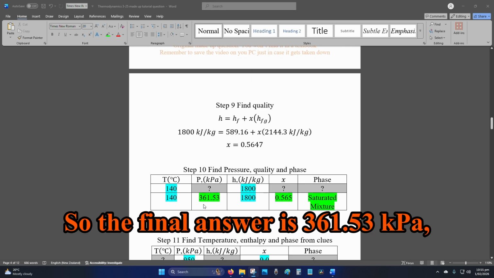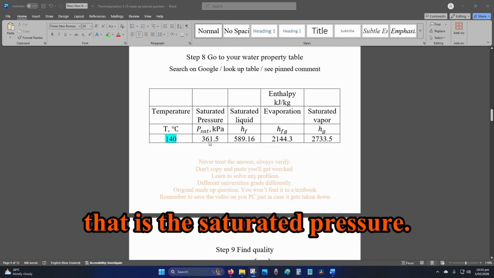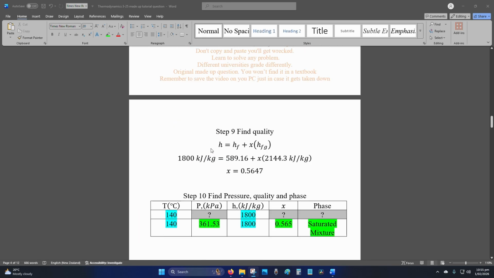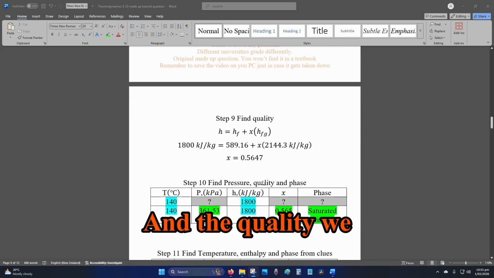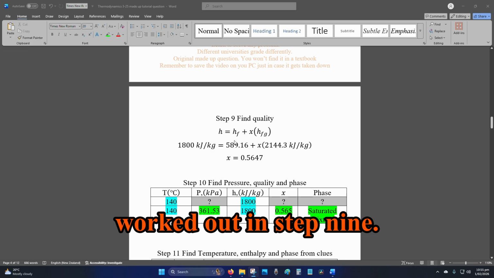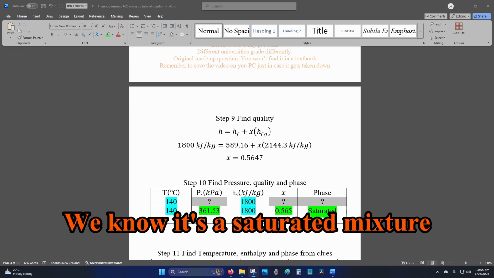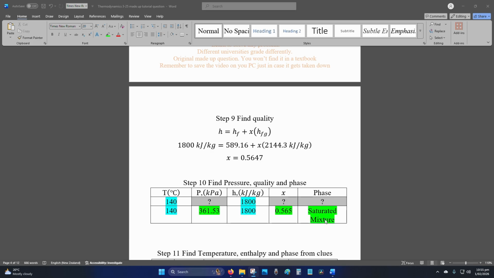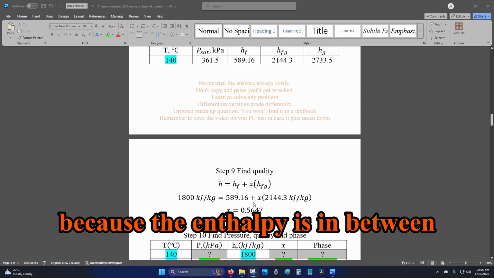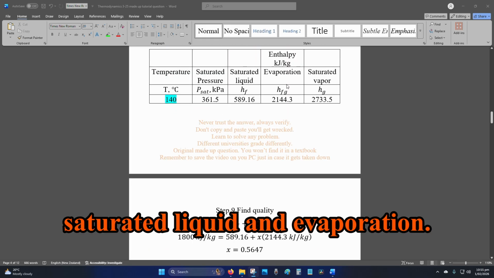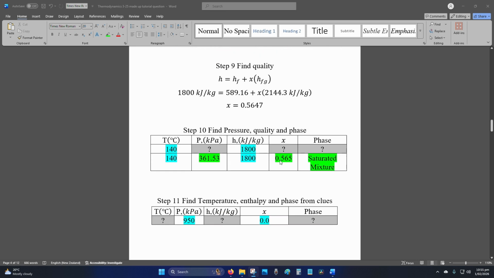So the final answer is 361.53 kPa. That is the saturated pressure. And the quality we worked out in step 9. We know it's a saturated mixture because the enthalpy is in between saturated liquid and evaporation.